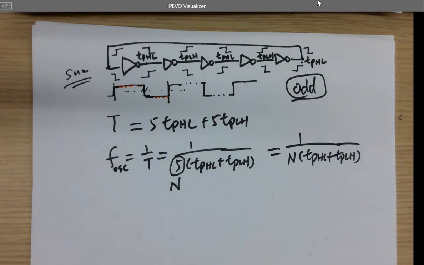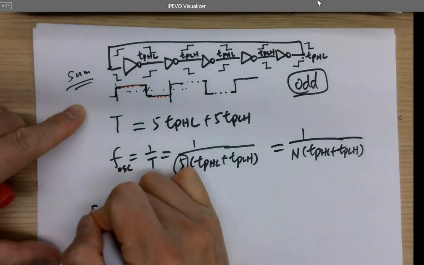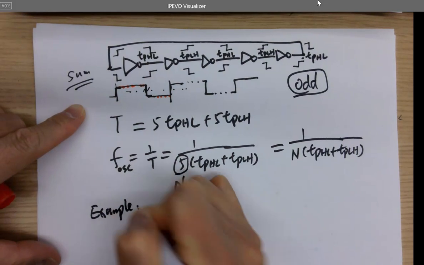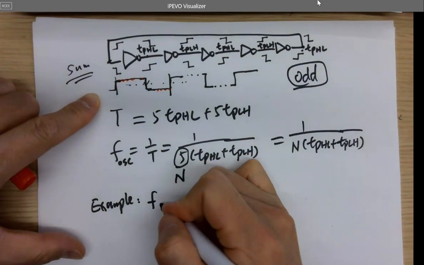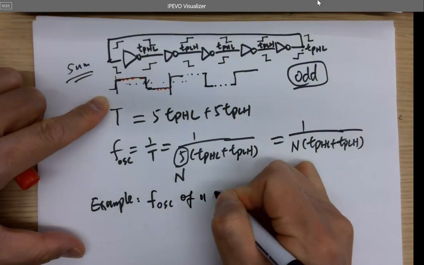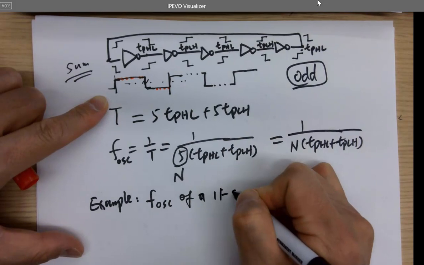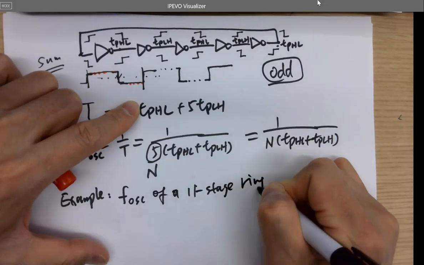Okay. I think there's an example. Calculate the oscillation frequency of an 11-stage ring oscillator.